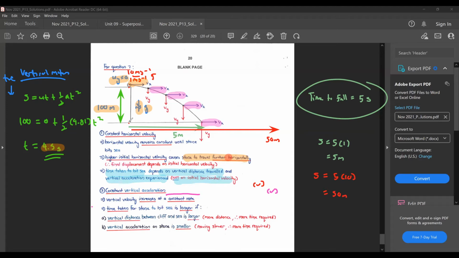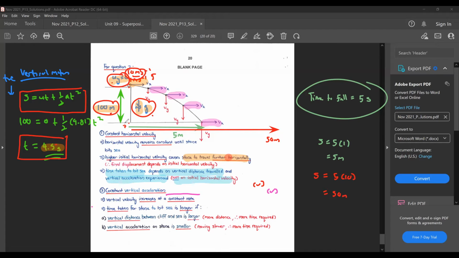It actually won't affect anything. Because if you look at the vertical motion again, applying this equation, even at 10 meter per second for your horizontal velocity, your initial vertical velocity was still 0. Your vertical distance is still 100 meter. Your acceleration vertically is still g. So nothing changed. Your case here is still the same as before. You will still take the same time to fall to the sea vertically.